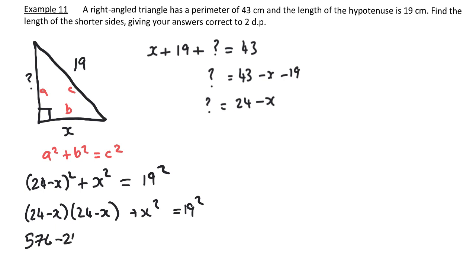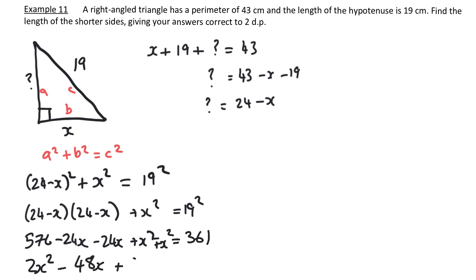Then we've got a minus 24x minus another 24x plus an x squared. Whenever we do minus x times minus x on our FOIL, we get a plus x squared. And 19 squared is 361. So if we collect the terms, there's plus another x squared in there, sorry. So we've got 2x squared minus 48x plus 576 equals 361.